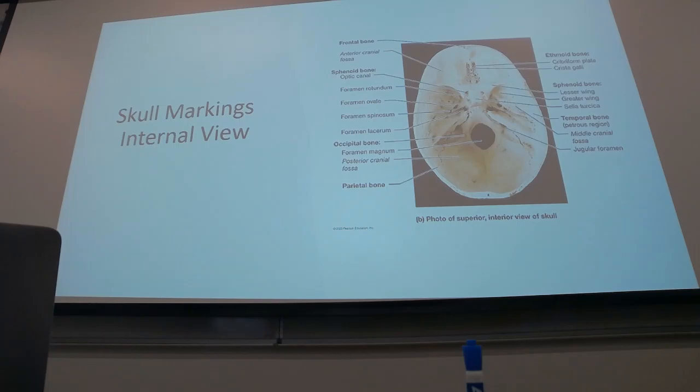So then through this plate you have olfactory nerves. Olfactory nerve axons running through there. Olfactory nerve is cranial nerve number 1.